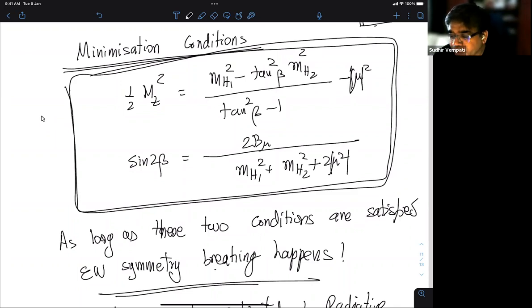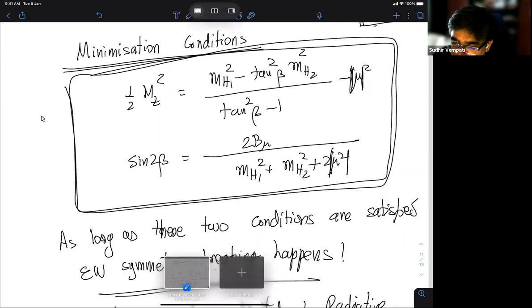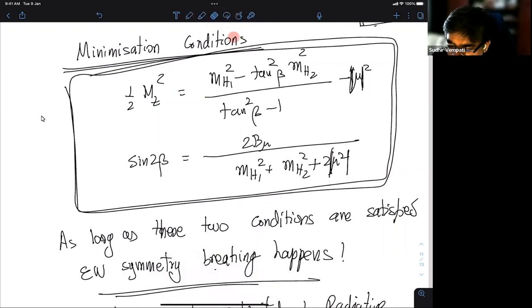In these minimization conditions, it is always the modulus of the mu square which comes into the equation. I'm sorry if I confused you.